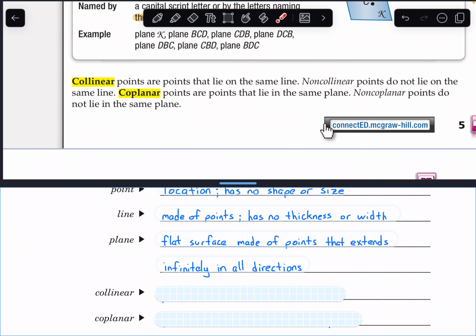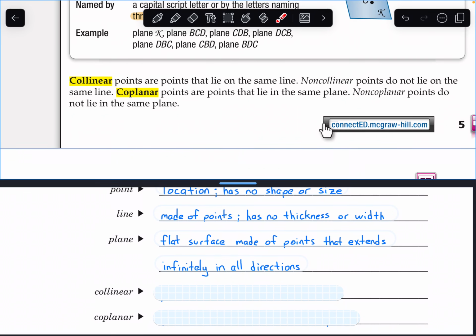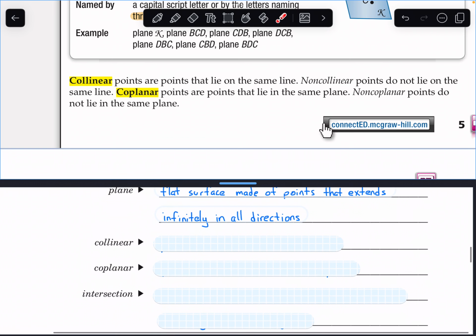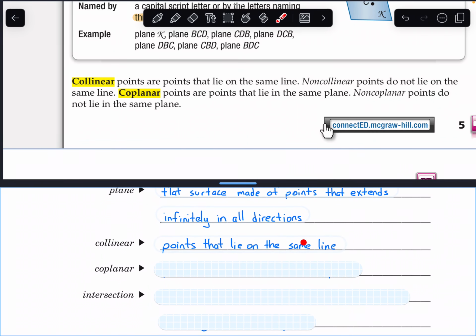Right. Now that we have those 3 items defined, we can start to do some things with them, such as collinear. Collinear points are points that lie on the same line. It literally has the word line in it. I suppose if you and a friend are sitting on the same couch, then you are co-coucher.